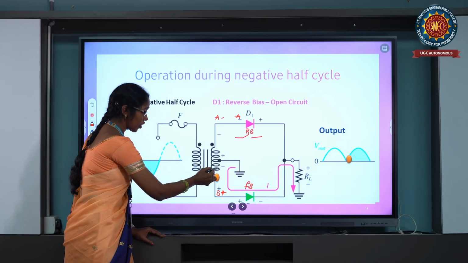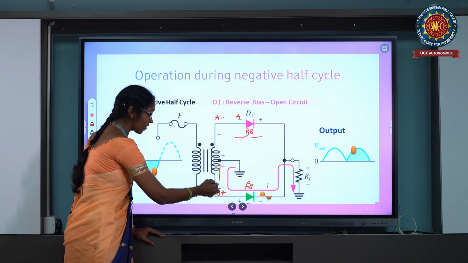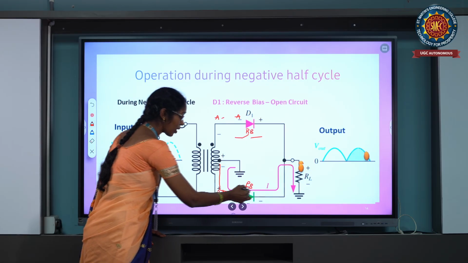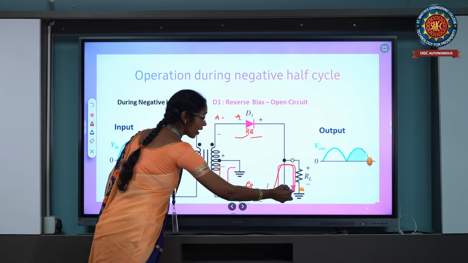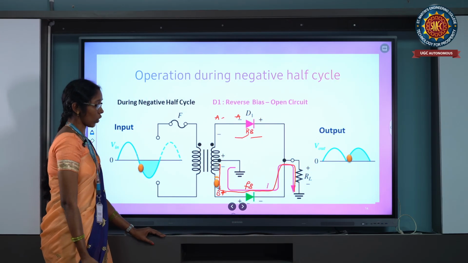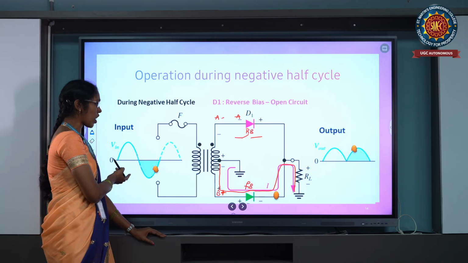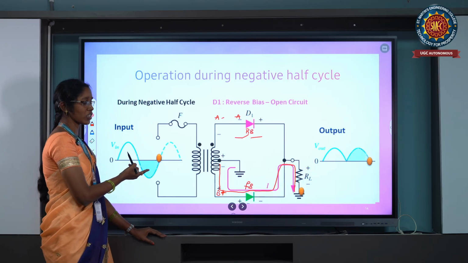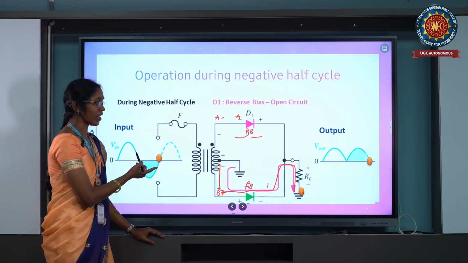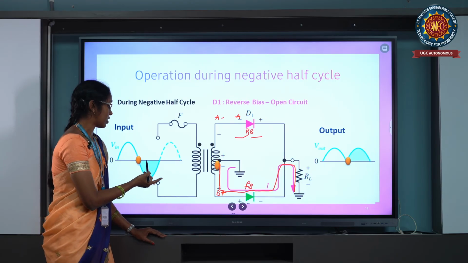So the current flows from the lower half of the secondary winding through diode D2, then through the load resistor and to the ground. So during the negative half cycle also, one diode is in forward bias mode. Due to that, we get output across the load resistor.